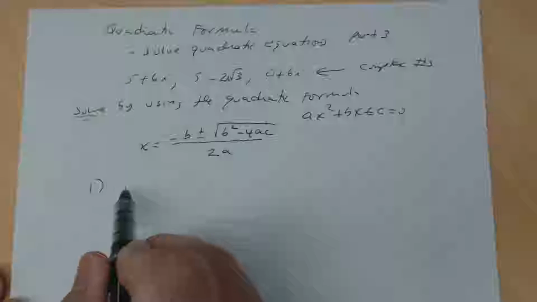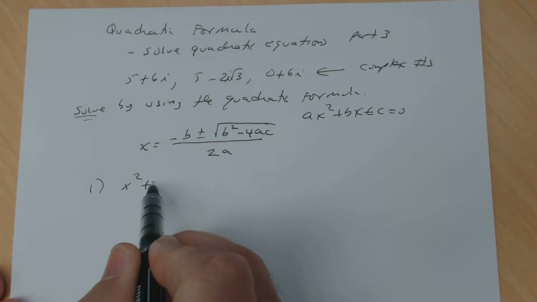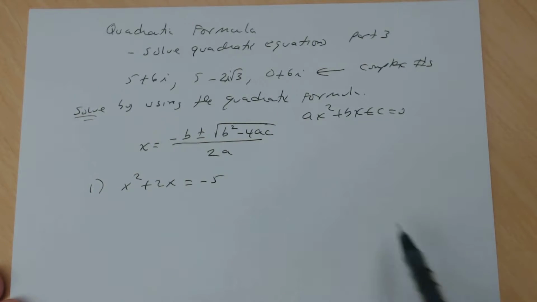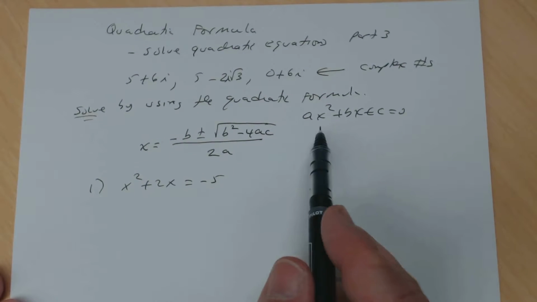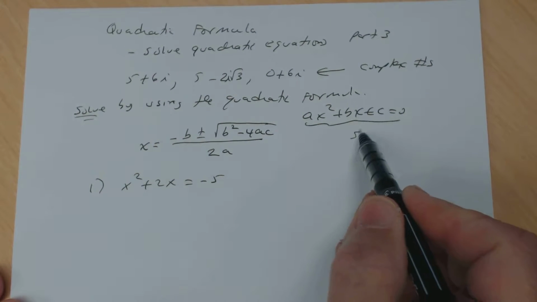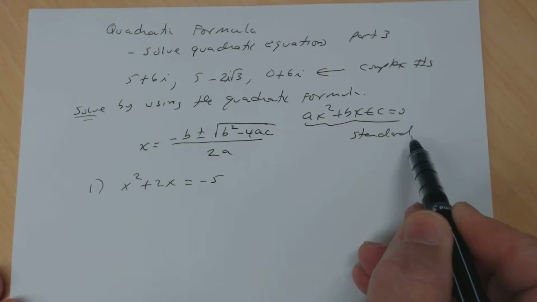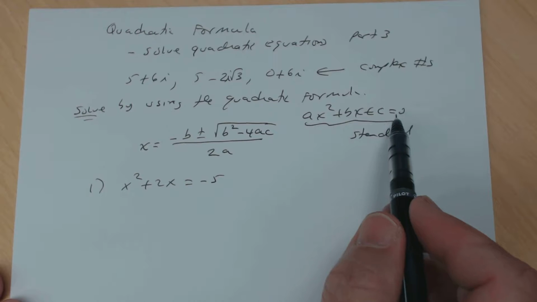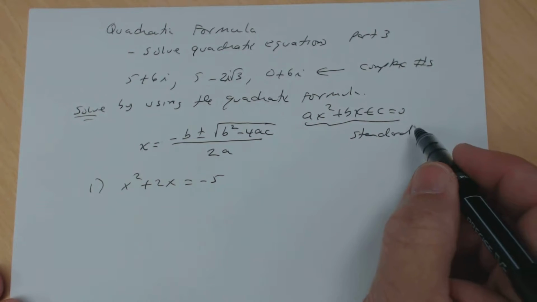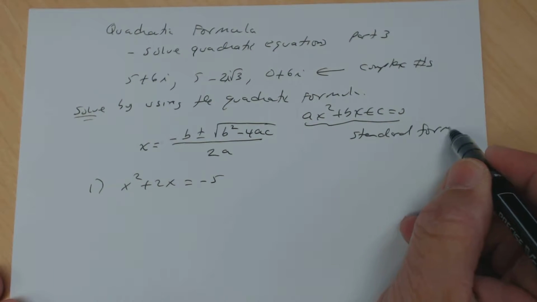So number 1, suppose we had x squared plus 2x equals negative 5. Now remember, before you can use the quadratic formula, it has to be in standard form. Standard form is where you have all the terms on one side, put in descending order, and you have 0 as your constant on the other side.